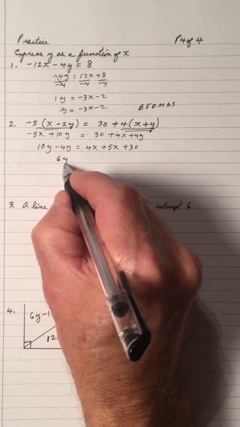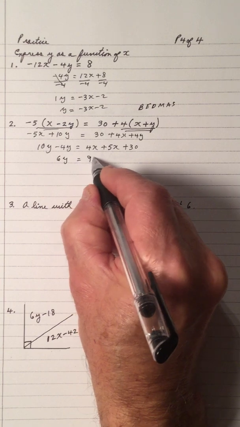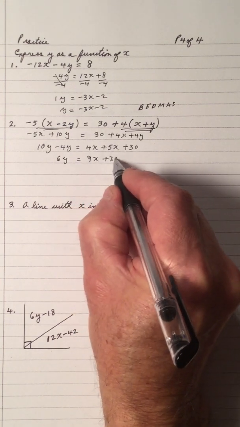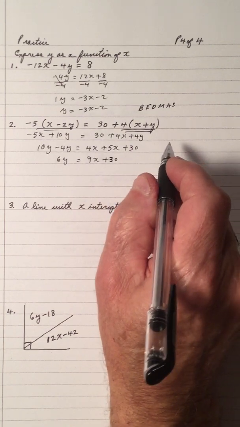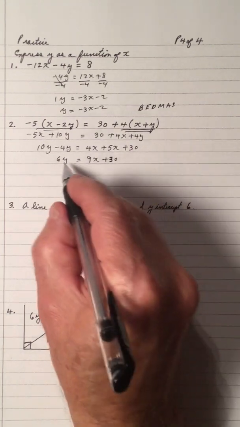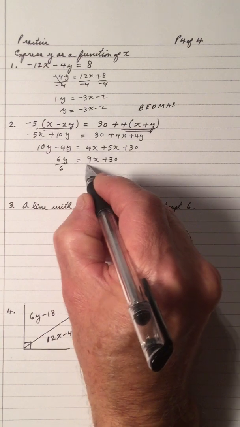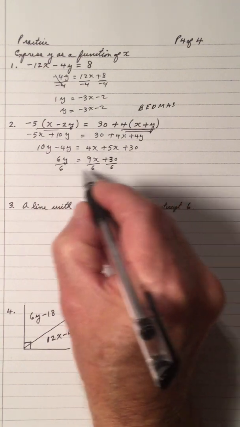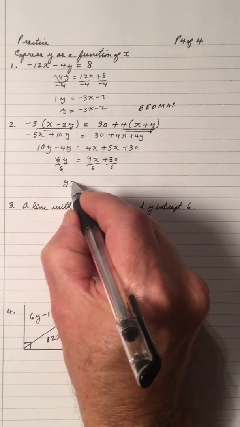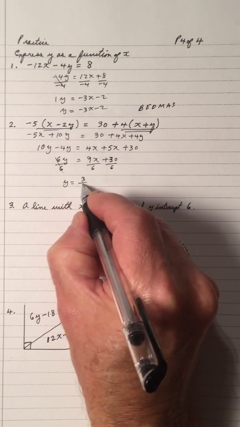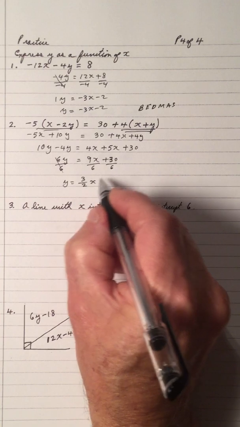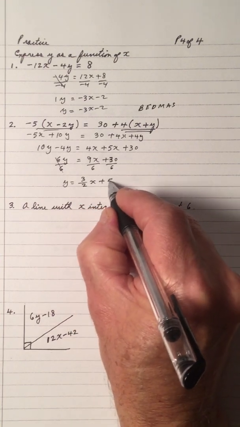That gives me 6y equals 9x plus 30 because we can only add like terms in algebra. X's to x's, y's to y's, constants to constants. Now I'm solving for y. Y is a function of x, solve for y. So y equals 9 and 6, 3 into 9 goes 3, 3 into 6 goes 2, so I get 3 over 2 x plus 5.